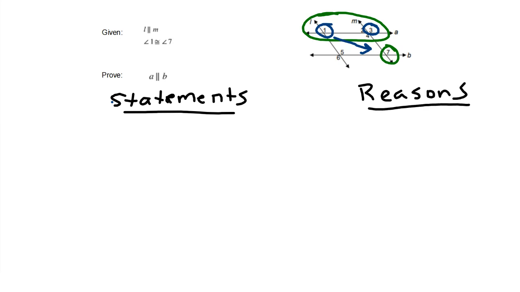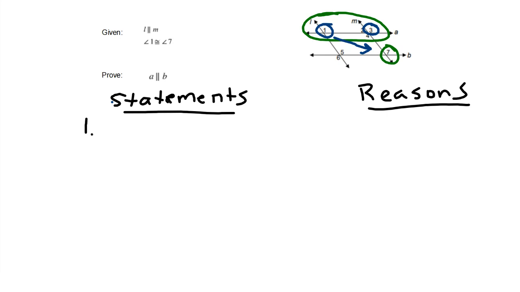Each statement has to have a reason. The reasons can be given, the reasons can be definitions, the reasons can be theorems or postulates. It can't be things like it's in the picture, or it's the proof. No, it has to be a definition, theorem, postulate, some kind of rule that we talked about that you can apply. So what's my first thing here?